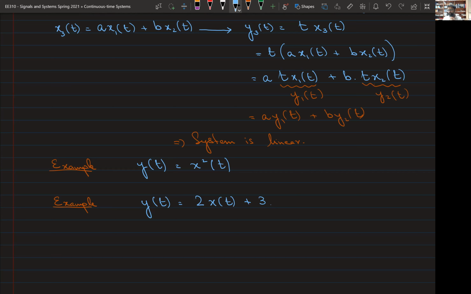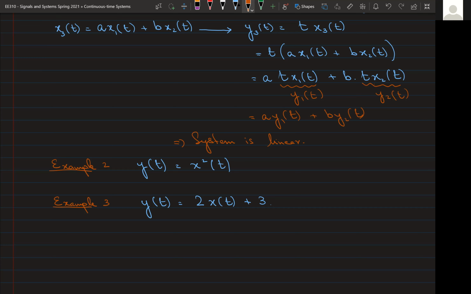Do you think the system is going to be stable or unstable? Abdullah, do you think this system is stable or unstable? The second one, example 3.